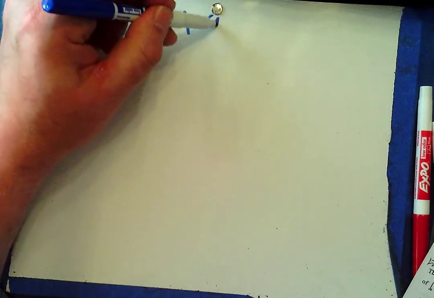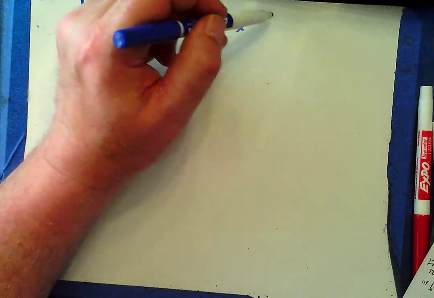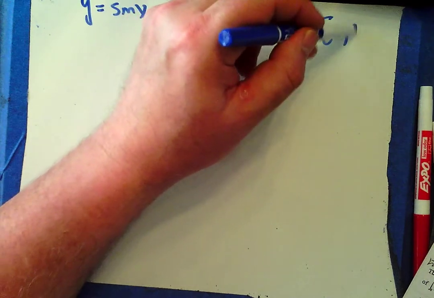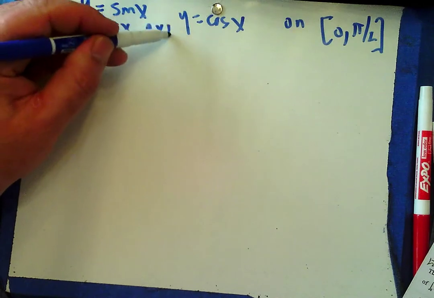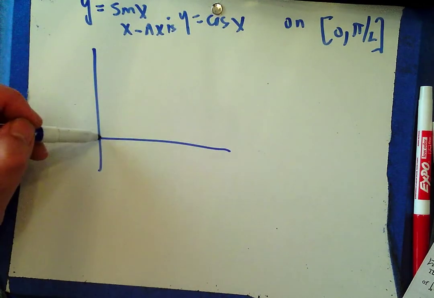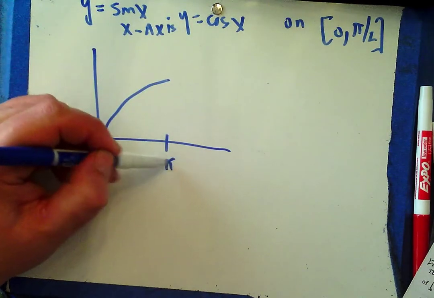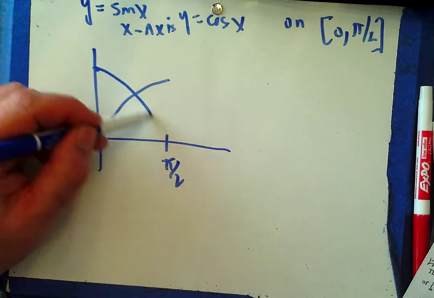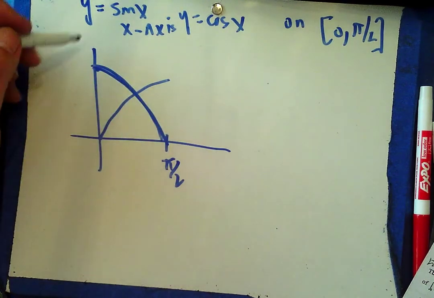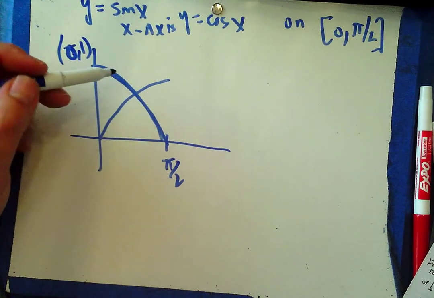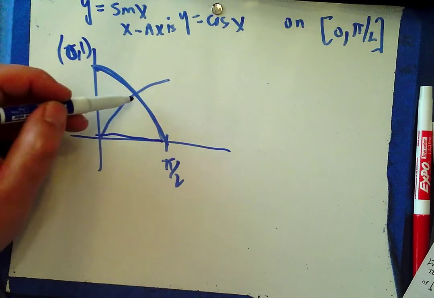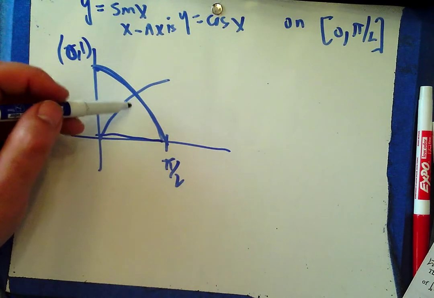21. y equals sine x, y equals cosine x on 0 to pi over 2, and the x-axis. Okay, so let's draw this. Here's a sine graph to pi over 2. Here's a cosine graph to pi over 2. 0, 1. And here's the x-axis, and we're looking for the area.